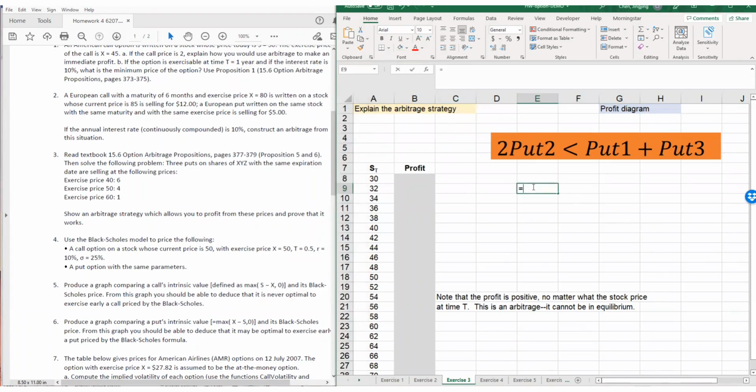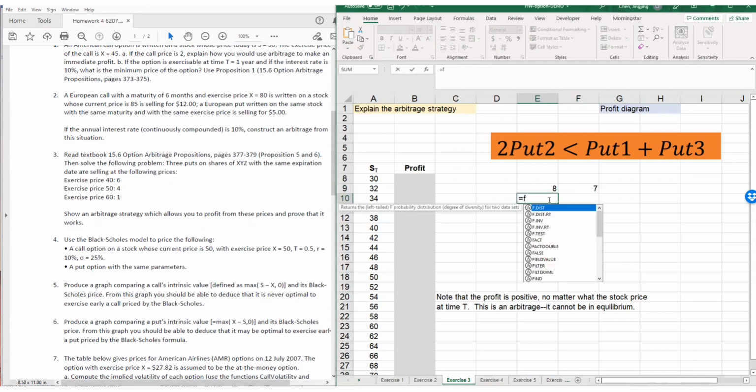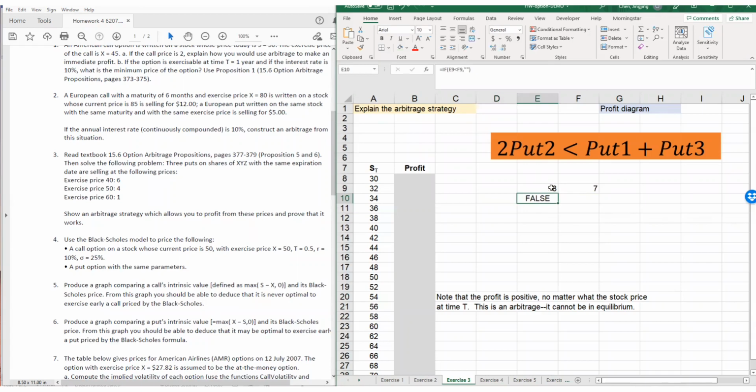So we're going to use 2 times put 2, 2 times 4. On the right-hand side, it's put 1, which is 6, plus put 3, which is $1 for buying put 3. So let's see if the left is less than the right, then true.